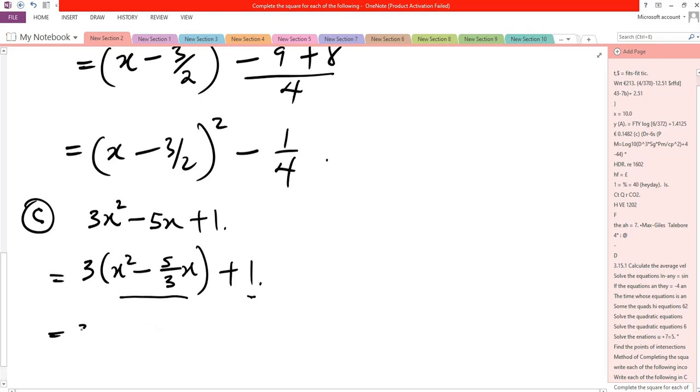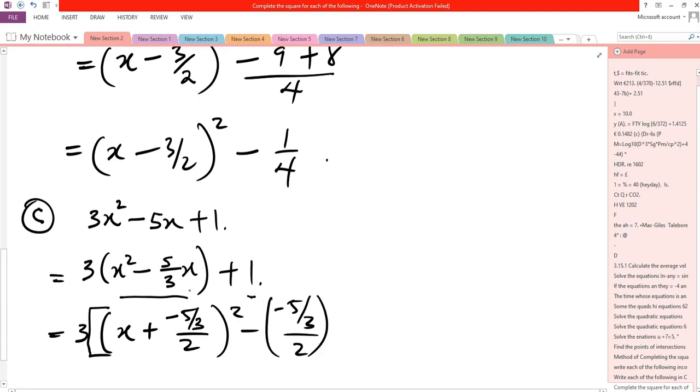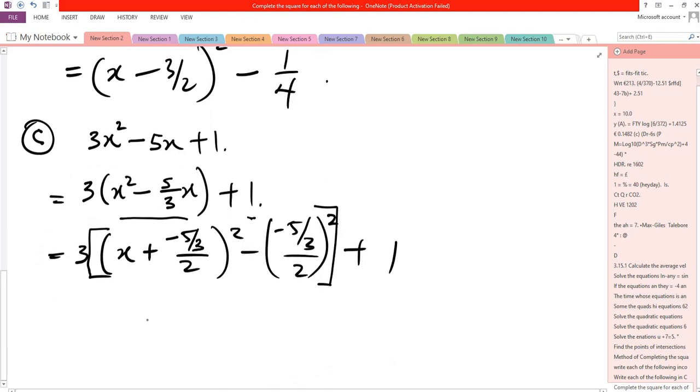So you now have 3 times bracket open x, plus half of the coefficient of x, which is 5 over 3 divided by 2, squared, minus half of the coefficient of x, which is minus 5 over 3 divided by 2, all squared, then plus 1. All of this should be enclosed.